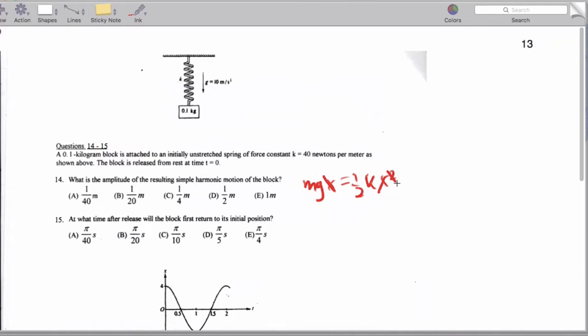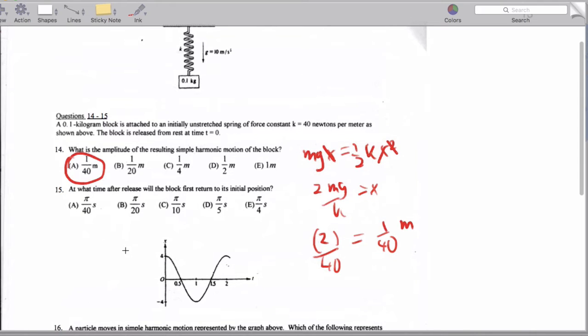So this x cancels, and we get 2mg over k equals x, and that's 2 divided by 40, which is 1 over 40 meters, choice A.